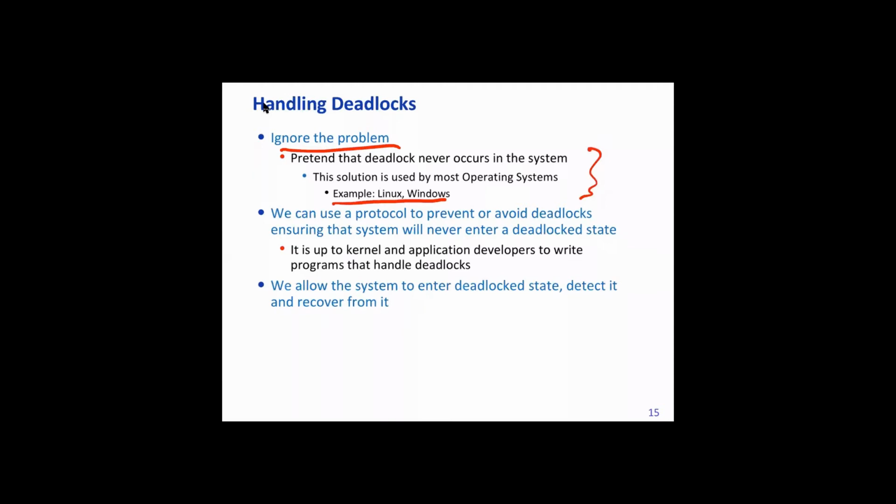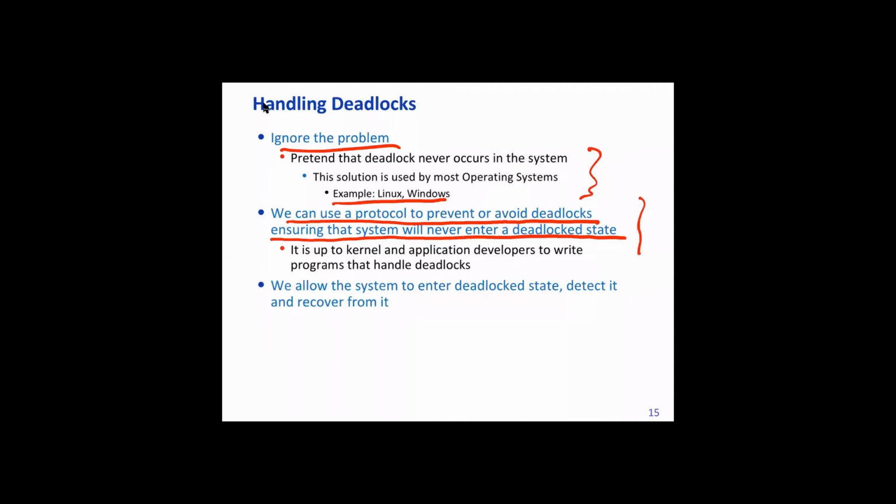Secondly, we can use protocols to avoid or prevent deadlocks, ensuring the system will never enter a deadlock state. It means that a priori we should know something, and then we have to remain in kind of safe states. We'll look at this.